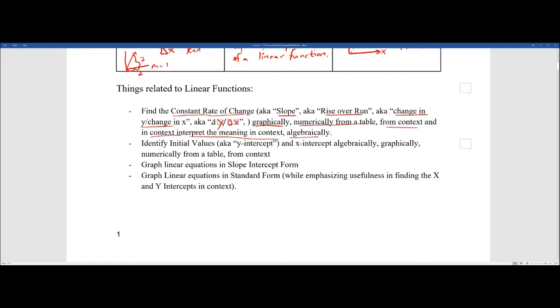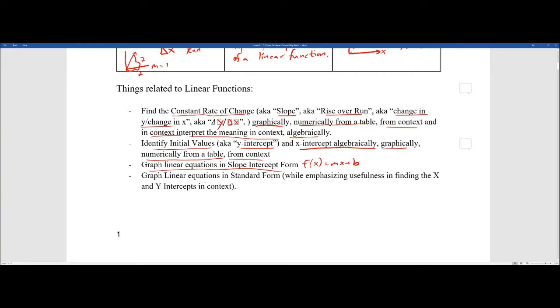All right, so identifying initial values, aka the y-intercept, especially for graphing, and the x-intercept algebraically, graphically, and numerically from a table and from context. We're going to be working on graphing linear equations in slope-intercept form, y equals mx plus b, but now we're just focusing on function notation, which really just, instead of the y, is f of x equals mx plus b.